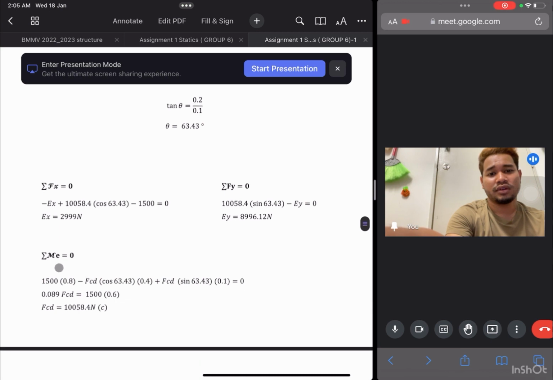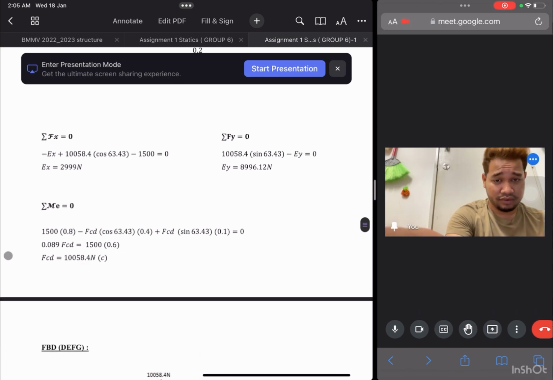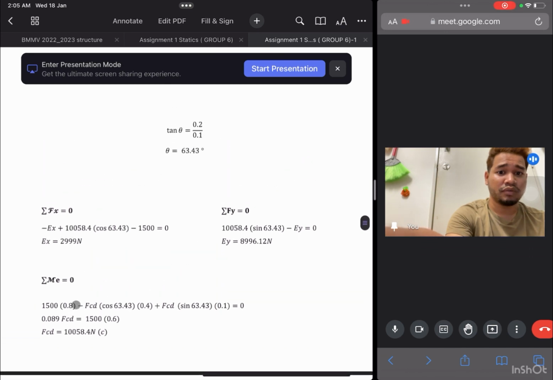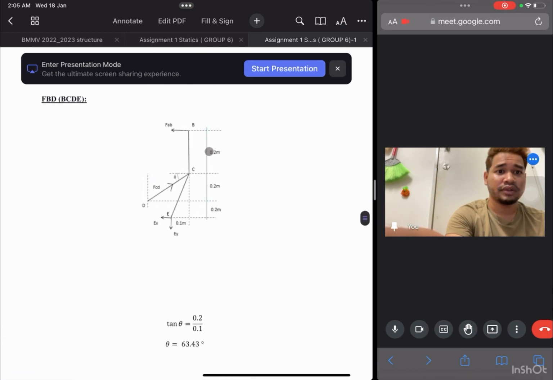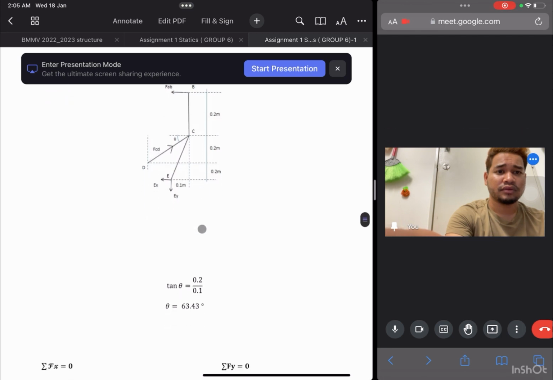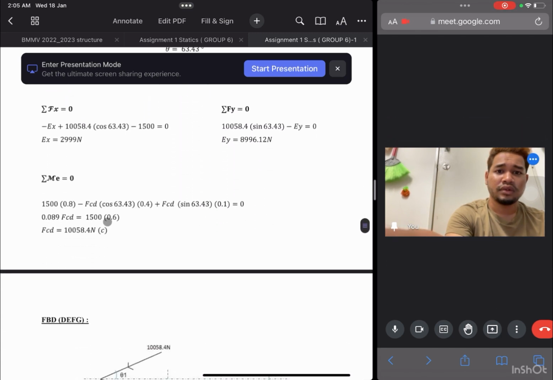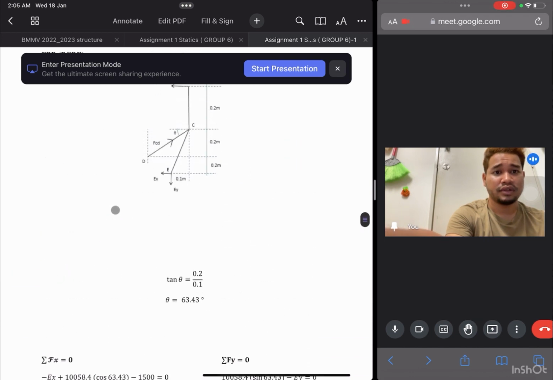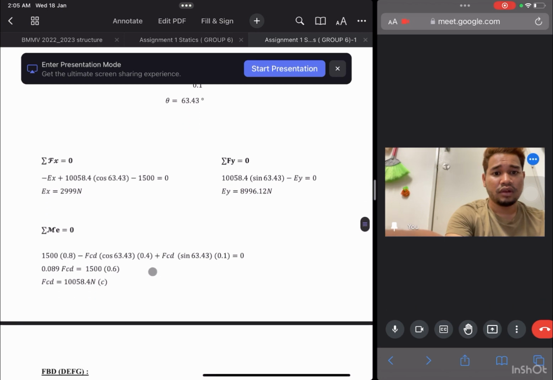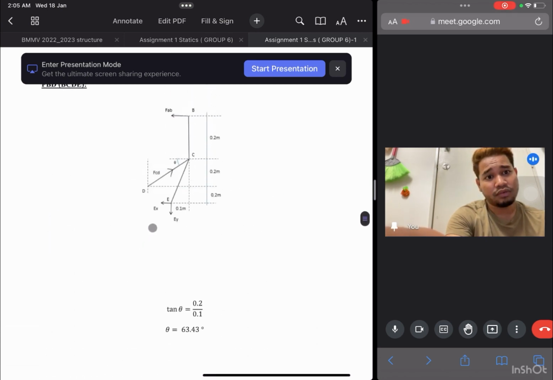So total moment E equal to 0. So 1,500 times 0.8 here, and then minus FCD, FCD cos 63.43 times 0.4 here.